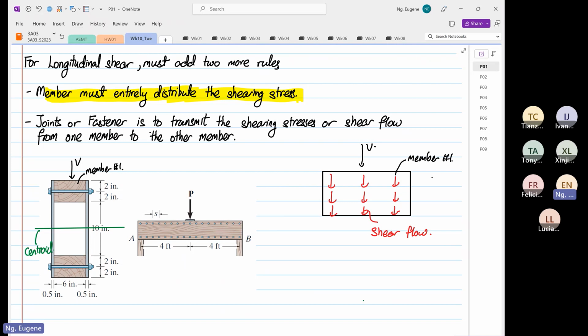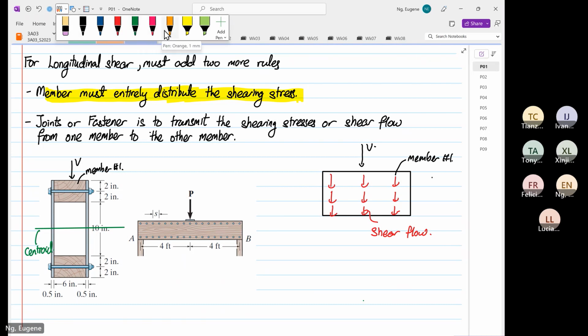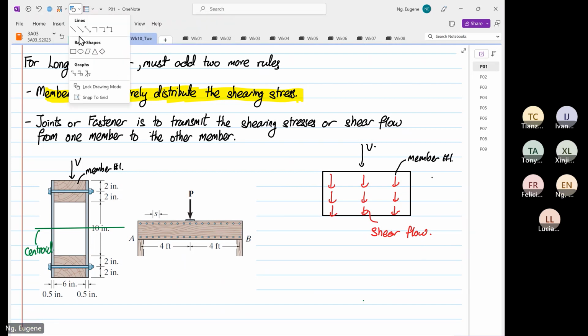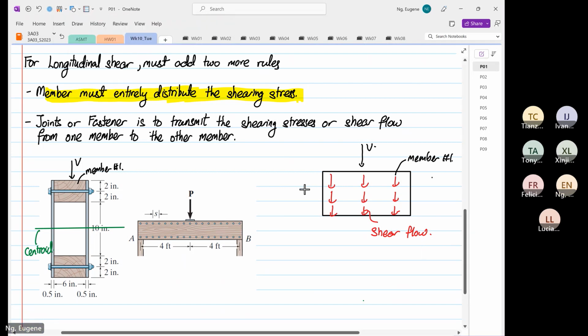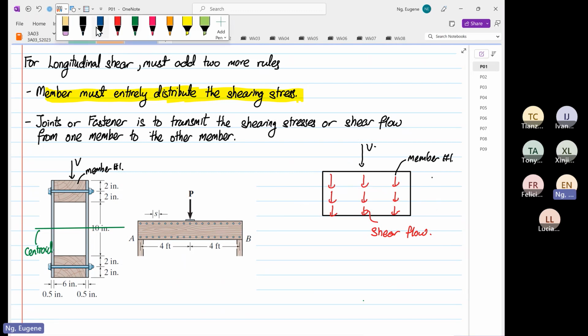So I'm going to draw the fastener next. So this is the fastener. I will use a different color, I do apologize. So this is the fastener.